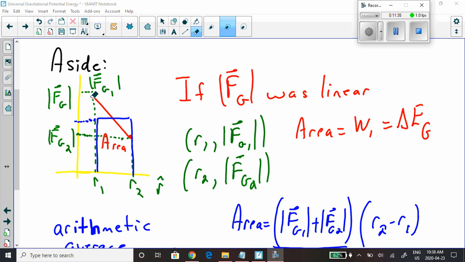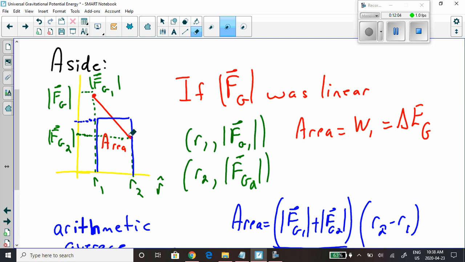Let's pretend here that if the magnitude of the force of universal gravity was linear, we're pretending here, if this red line is what the function looked like, okay, it's not true, we're pretending, then at this point here we would have the force of gravity at R1.